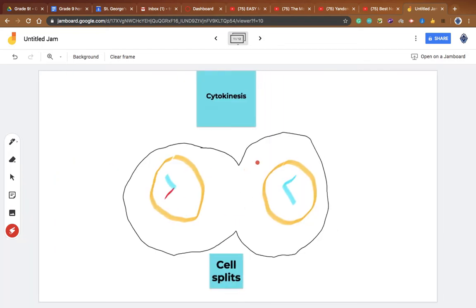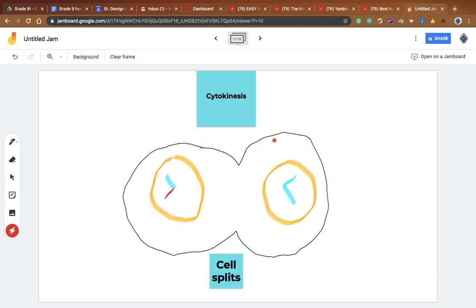And finally, we have cytokinesis, where the cell splits in half, and now we have two separate cells here, and we have our nucleus, and then we have our chromosome right in there. This will also happen to the other cell, and we will now end up with 4 cells.